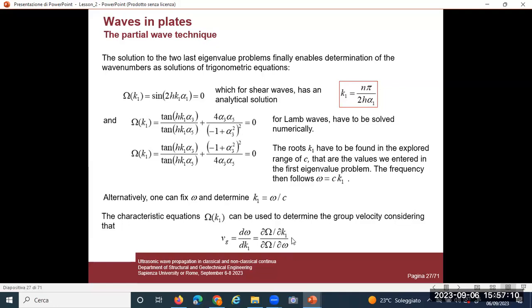And if you derive the characteristic equation once with respect to the wave number, and you put the numerator, and you divide it by the same derivative by the frequency, you invert, and this is exactly the group velocity. So deriving the group velocity is easier than what it might look like at first glance.